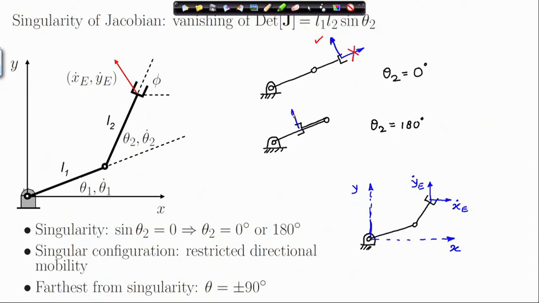Once again you can produce a velocity in this direction, but you cannot produce velocity in the radial direction. So, that is the effect of singularity.